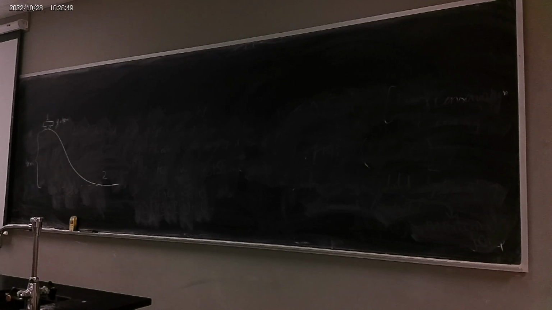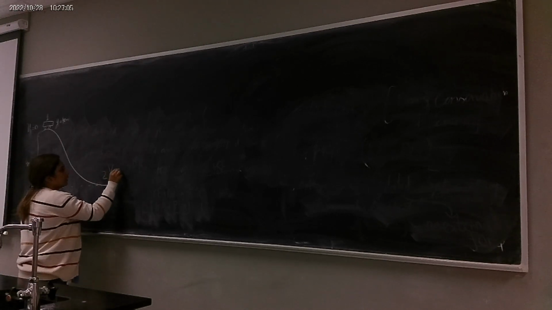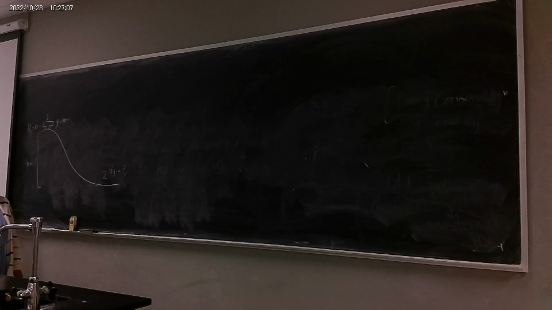I'll tell you, once I start, why I don't want to give them any symbols yet. All right, that's the initial position. Initial velocity is 0. It starts from rest. That's given to you. You want to know what is the final velocity at this point.